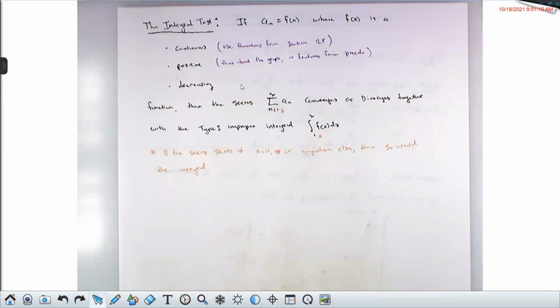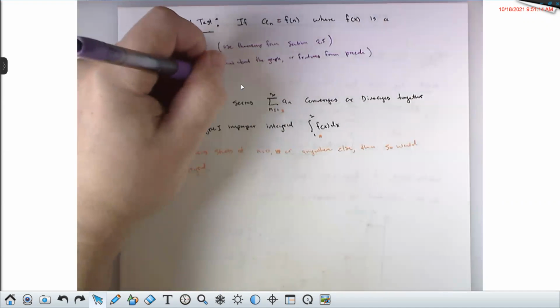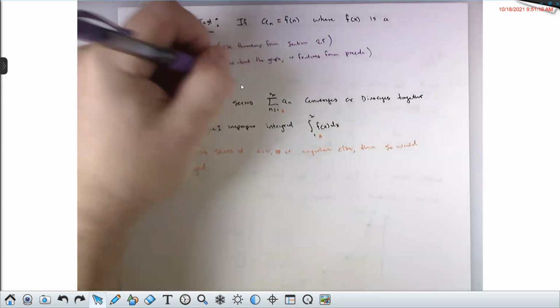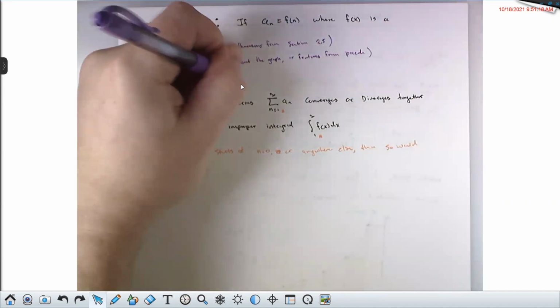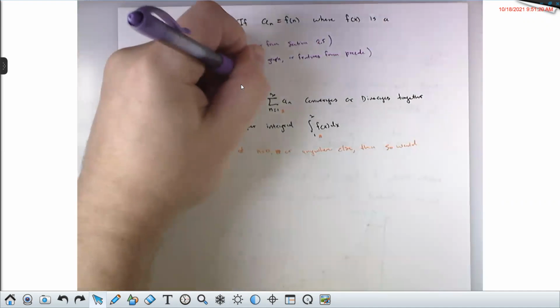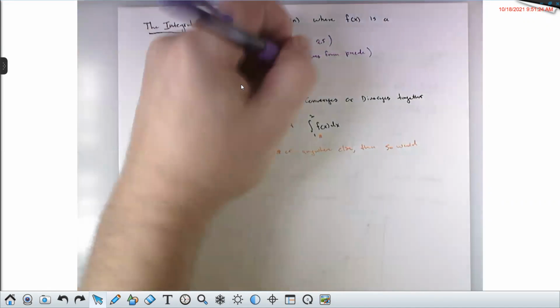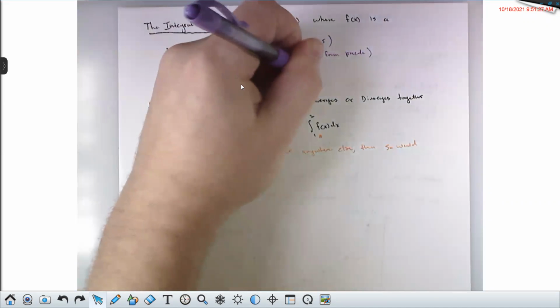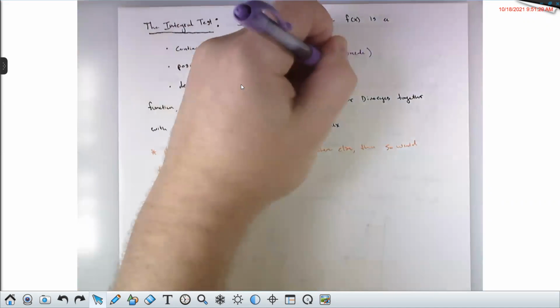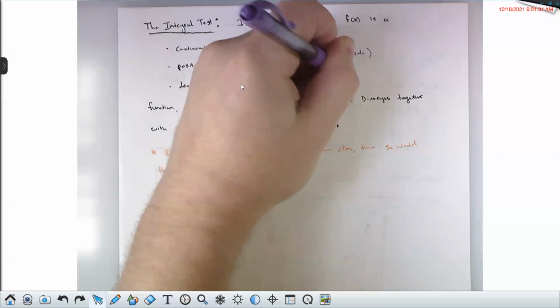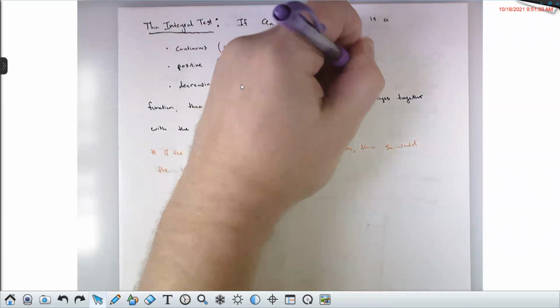That's something you know from pre-calc. Decreasing, a couple ways to show this. The main way we show this is by verifying that f prime of x is negative.